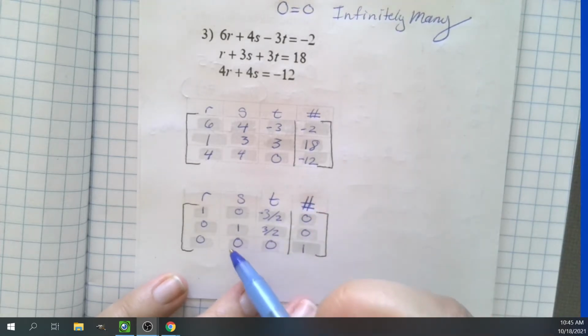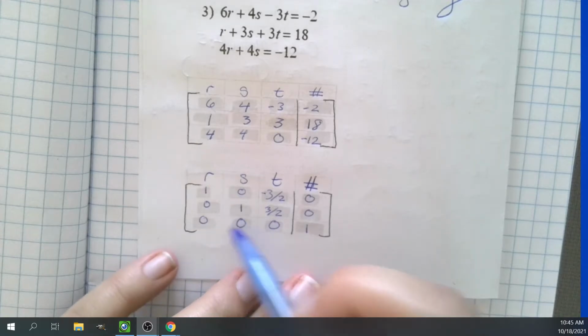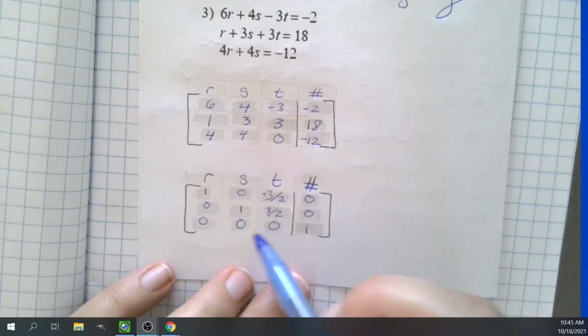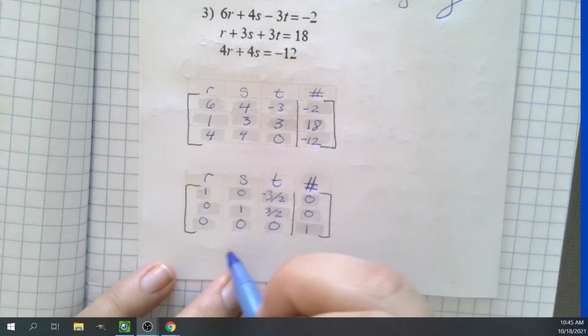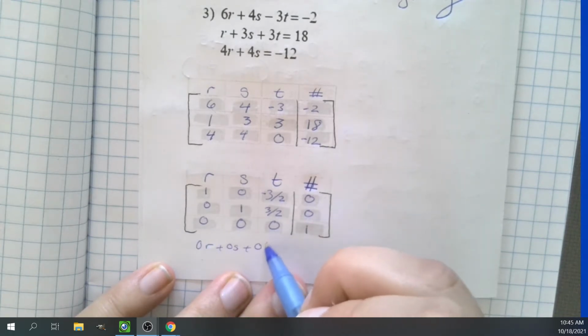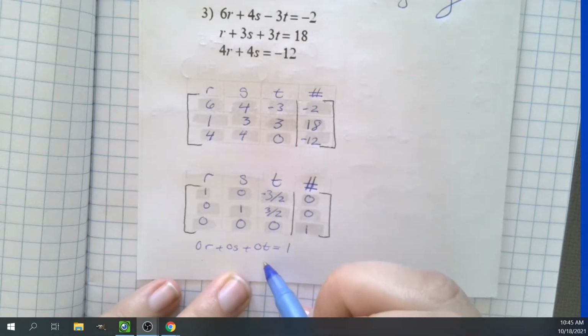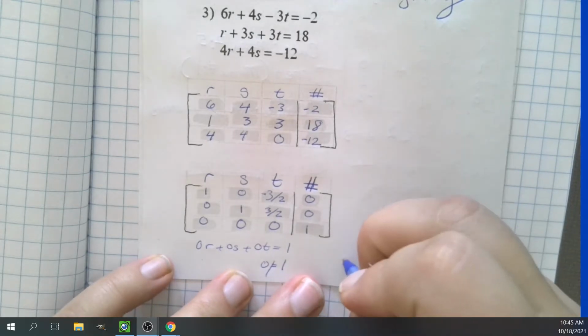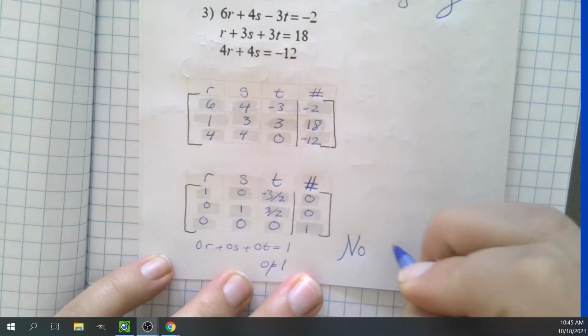Okay. So you guys, can you see how this bottom column right here is what's going to give us our solution? We're going to have 0r plus 0s plus 0t is equal to 1, which basically is 0 equals 1. Does 0 equal 1? No. So what does that mean? It's no solution.